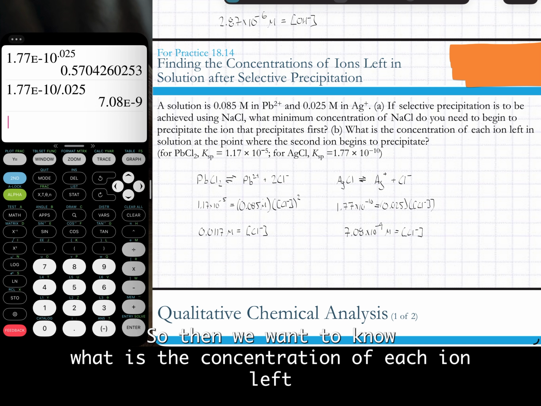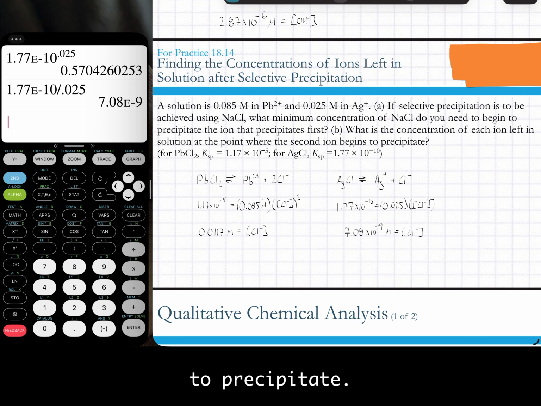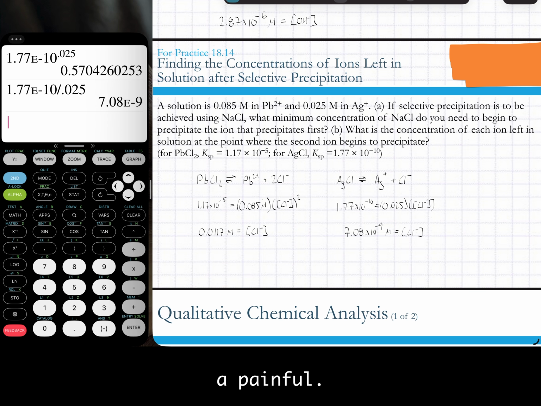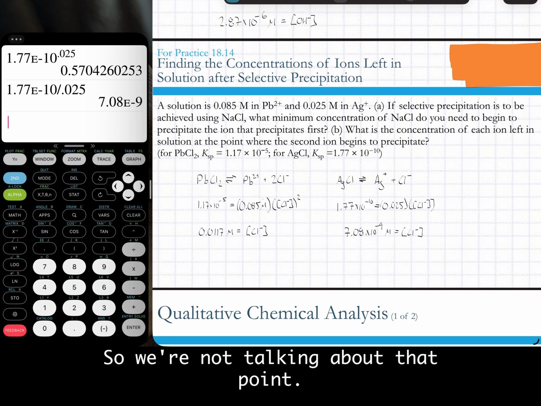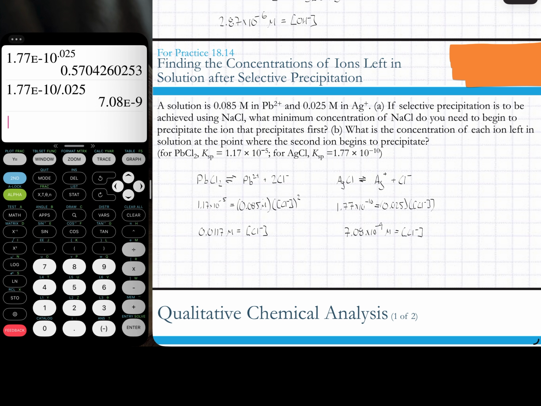So then we want to know what is the concentration of each ion left in solution at the point where the second ion begins to precipitate. Let that digest for a second, because that's a brainful. We already determined what's going to precipitate first. That was the silver chloride, so we're not talking about that point. If we move past that, the second ion that precipitates is the lead.